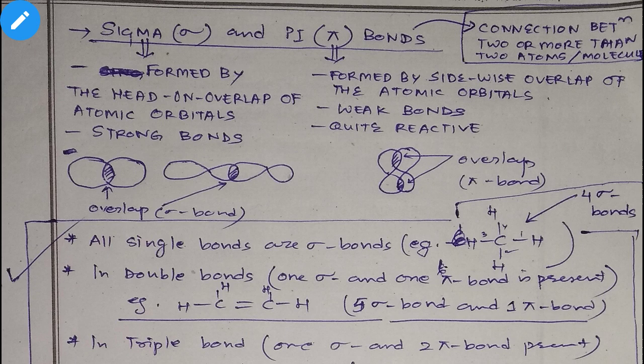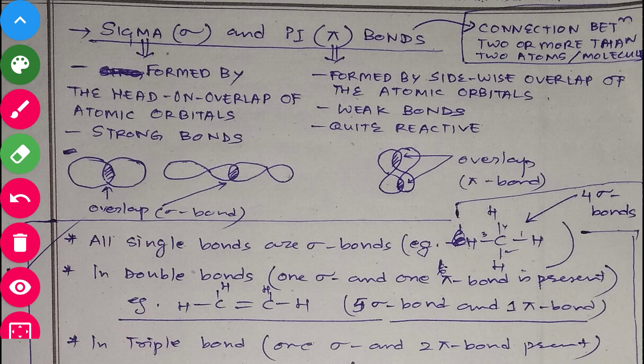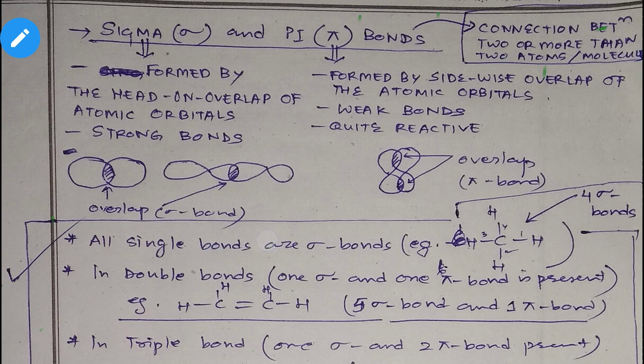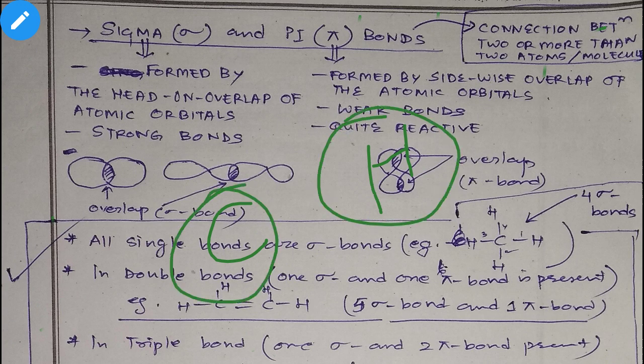I have already told you that bonds are nothing but the connection which links two atoms together. If I say there is carbon and there is, say, hydrogen, these are two different atoms. But when they are linked with a bond, they become a compound, a molecule.